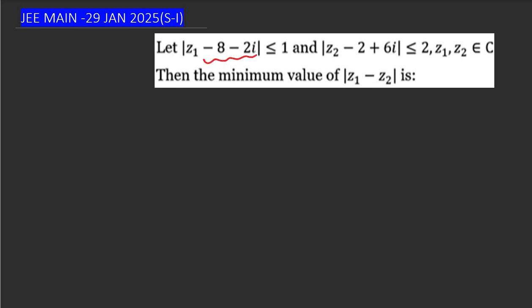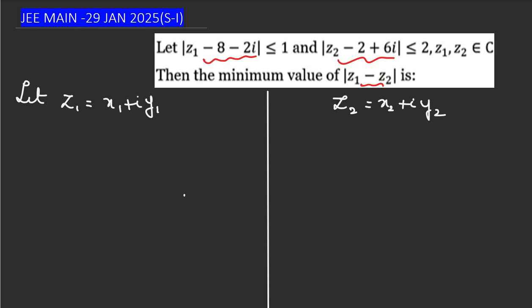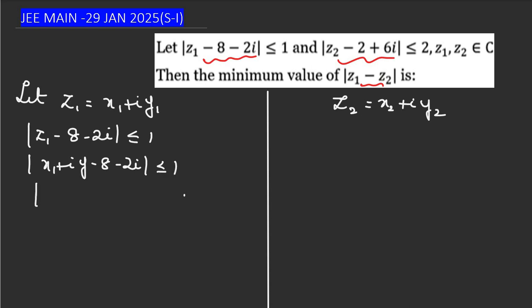Next question, modulus of z1 minus z2, the distance between two points. We find the minimum, where z1 is equal to x1 plus i y1 and z2 is equal to x2 plus i y2. Now given modulus of z1 minus 8 minus 2i is less than or equal to 1, that is modulus of x1 plus i y1 minus 8 minus 2i is less than or equal to 1, or modulus of (x1 minus 8) plus i into (y1 minus 2) is less than or equal to 1.